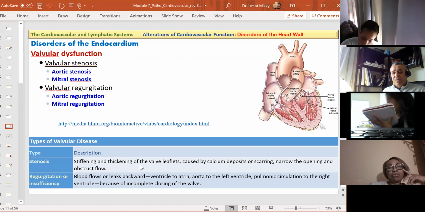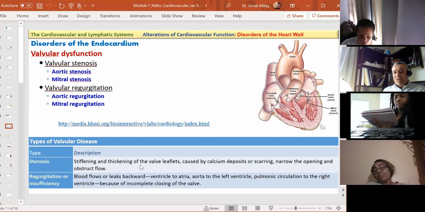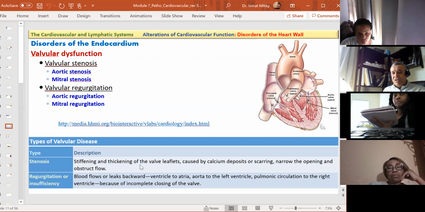Now, I did not cover the prolapse. The prolapse is a step right before the regurgitation. But just to eliminate the confusion, for the scope of this class, just know the stenosis and regurgitation. I'm not requiring that you cover the prolapse, because we have mitral valve prolapse and aortic valve prolapse, mostly the mitral valve more than the aortic.